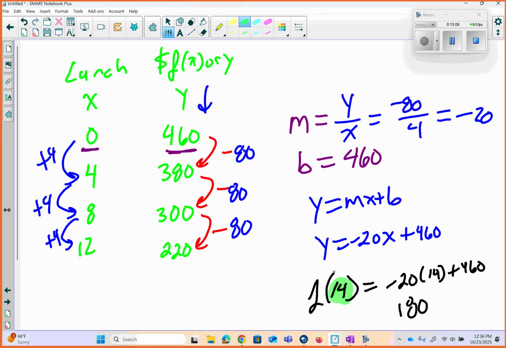I'll tell you that it has to do with this. But what does that 14 mean in the context of the problem? Is it money? Or is it days? Or lunches? What do you think?